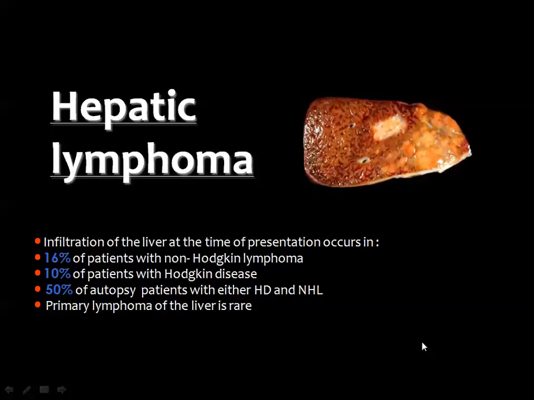Hepatic involvement by lymphoma occurs in 16% with non-Hodgkin lymphoma, 10% of Hodgkin disease, 50% of autopsy patients are affected with either Hodgkin or non-Hodgkin lymphoma, and the primary lymphoma of the liver is rare.